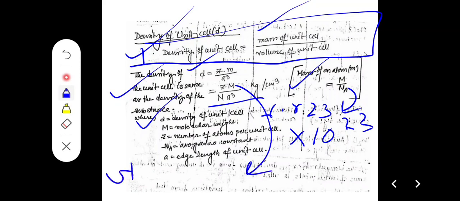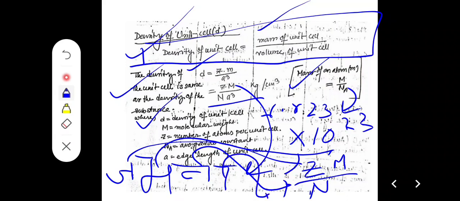Jamna: J for Z, M for M, N for Na, A for a cube. Jamna.